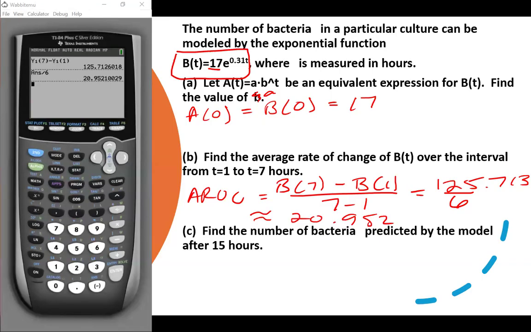That means the average rate of change from B of 1 to B of 7 is roughly 20.952. So now I have a rate that's taking place. Does that make sense? So I know how it's changing.